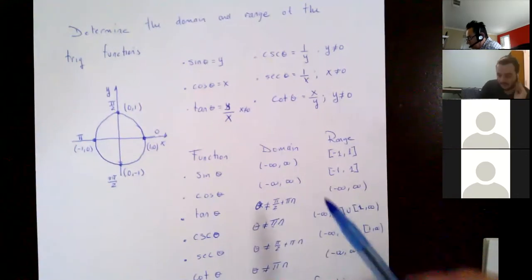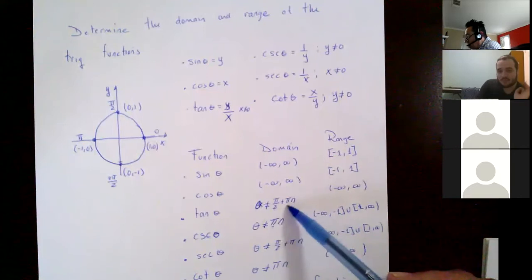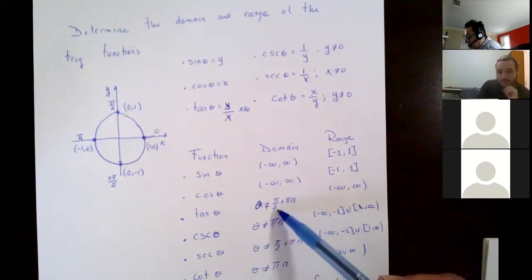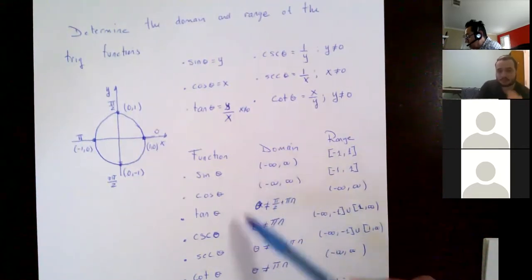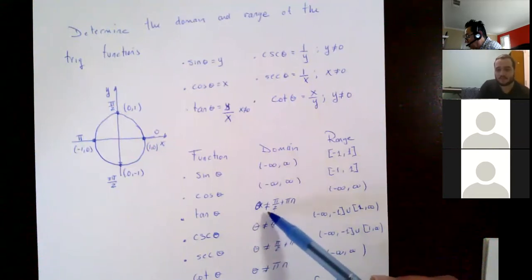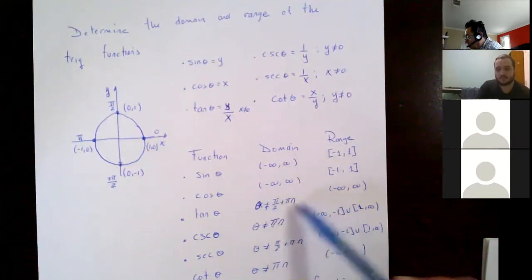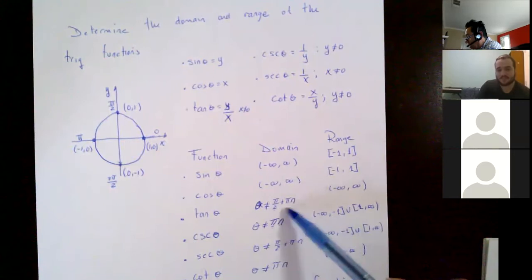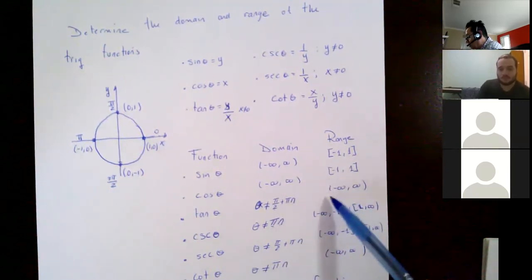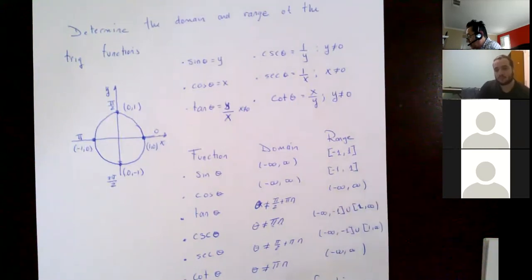There might be some questions here, but in the next section we're going to start graphing all these functions, and it's going to be clearer what the domain and range are. So the tangent, again, the range is from negative infinity to positive infinity, okay?